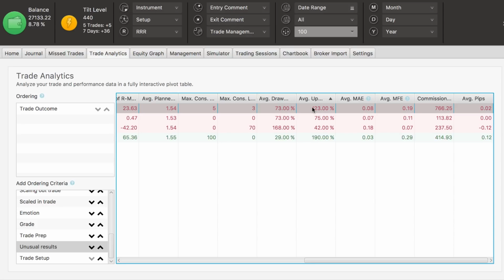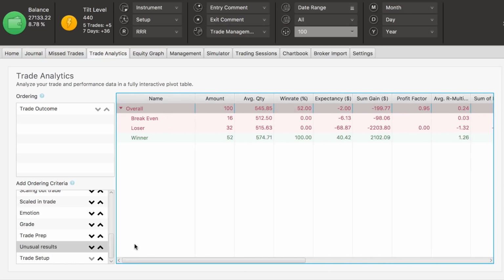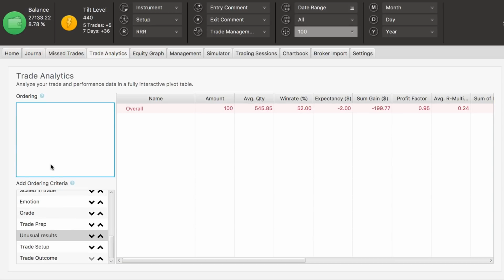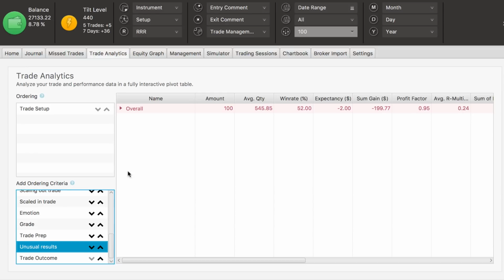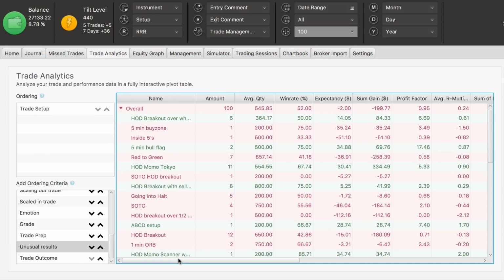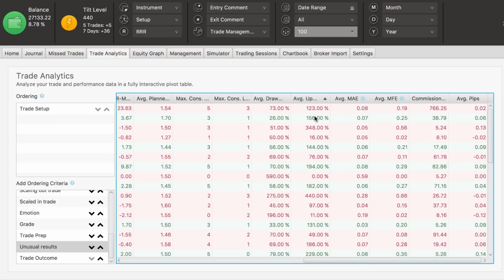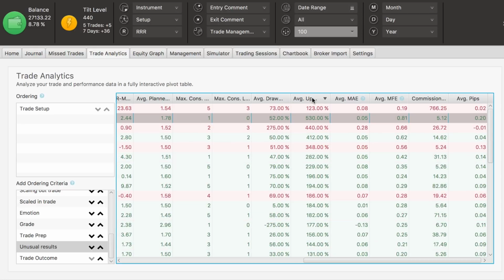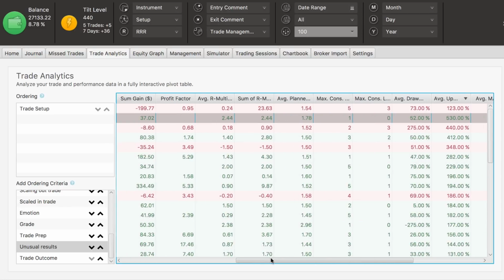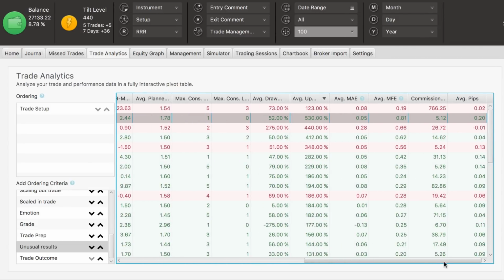If you can see that the average updraw here is above 100%, it shows that there might be some potential here for the trader to improve his trading approach overall. I also found that if we take the setups here and we also do the same, we look for the updraw, you can see that there are some outliers which show huge updraw figures. We can let Edgewonk sort this. So you can see here we have an updraw of 530%, although it's only one trade.